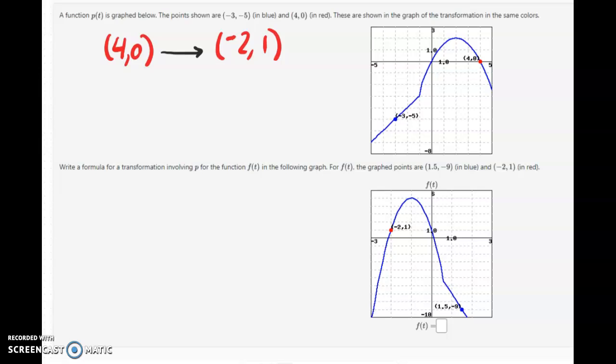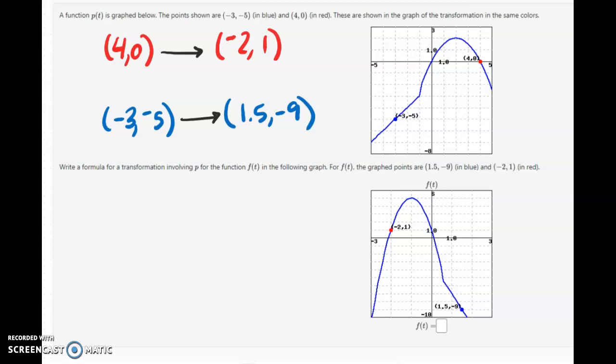And the one in blue, that is (-3, -5), gets transformed, and now in this graph of f of t, that point has moved to (1.5, -9).